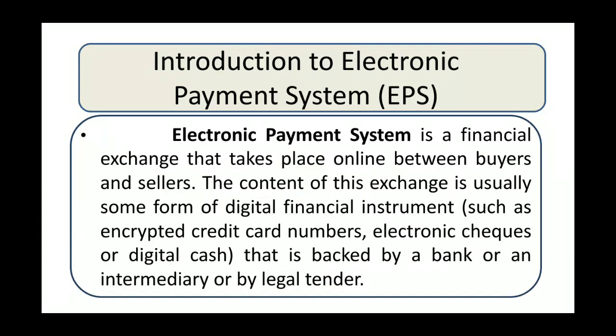The content of this exchange is usually some form of digital financial instrument such as encrypted credit card numbers, electronic checks or digital cash that is backed by a bank or an intermediary or by legal tender. Okay, this is the definition for your electronic payment system.